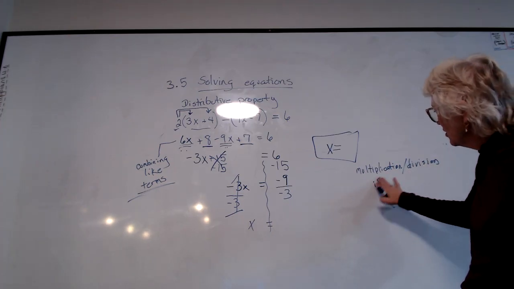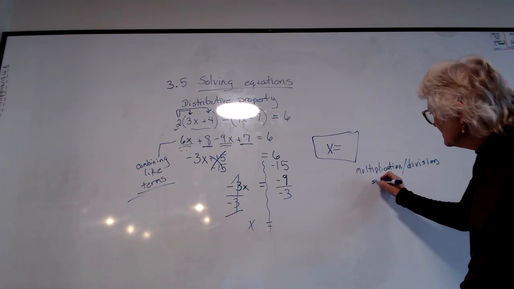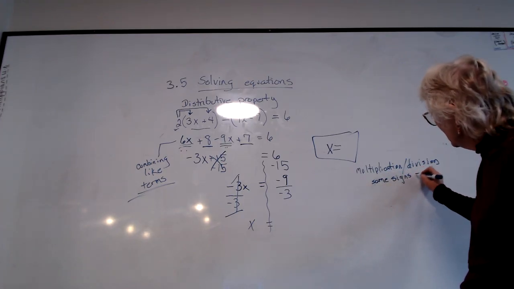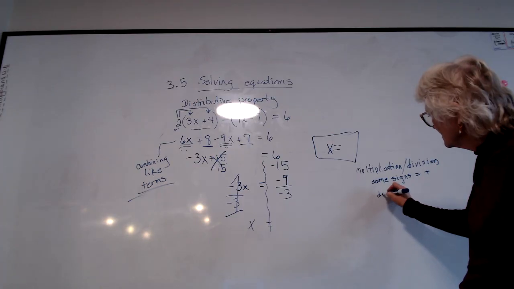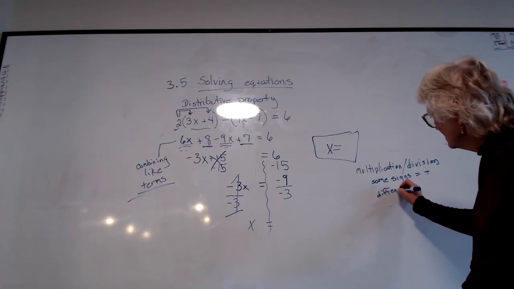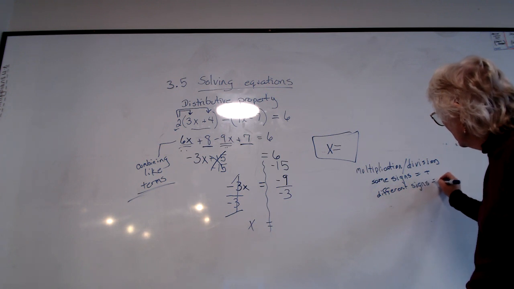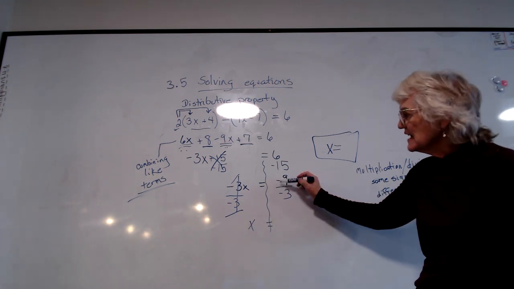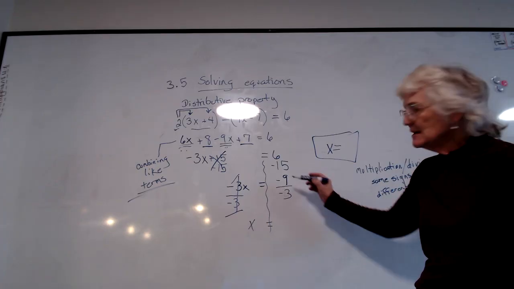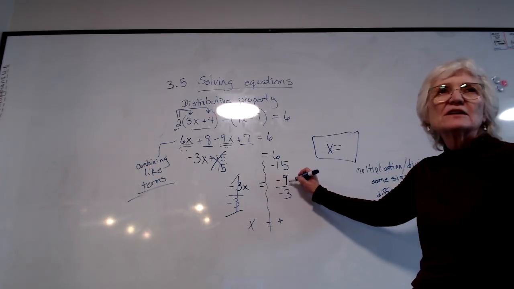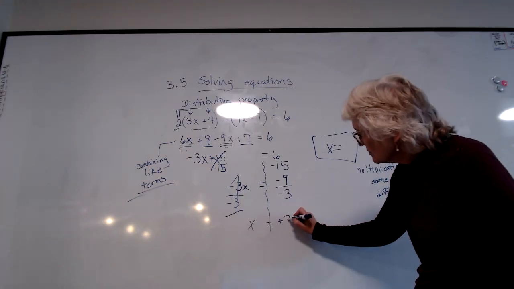For multiplication or division, same signs equals positive, different signs equals negative. Since these are the same, they're both negative, our answer is going to be positive. And then you just do 9 divided by 3, which is 3.